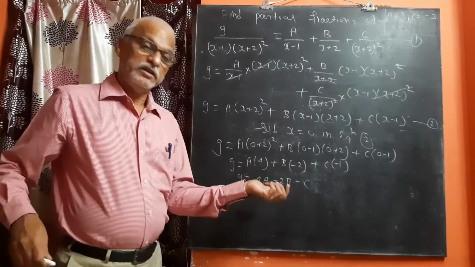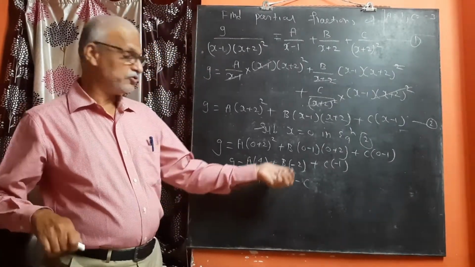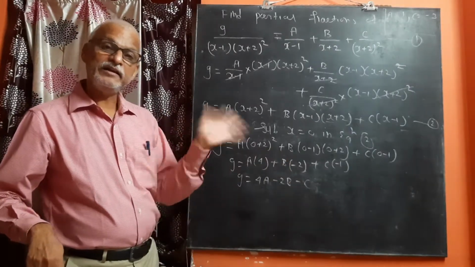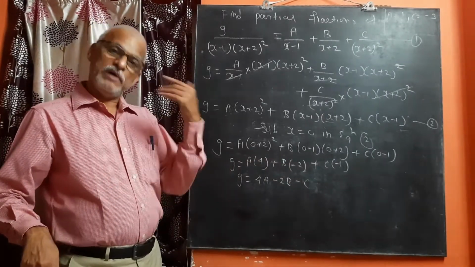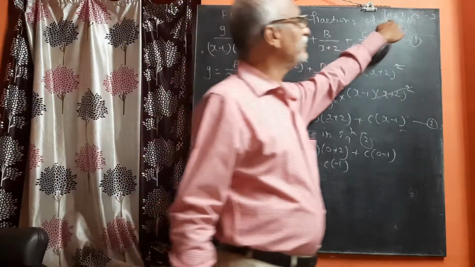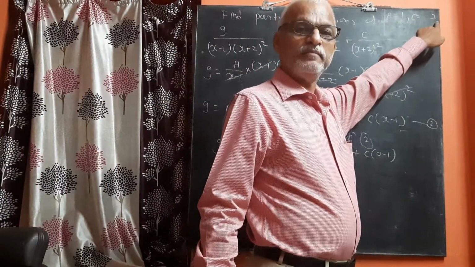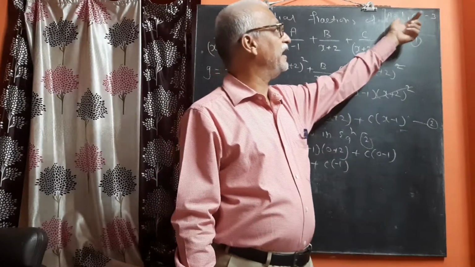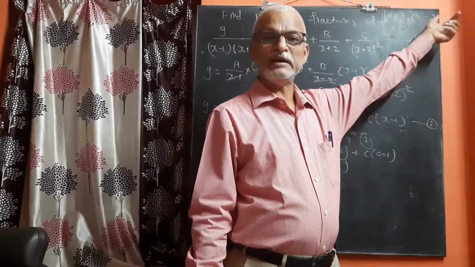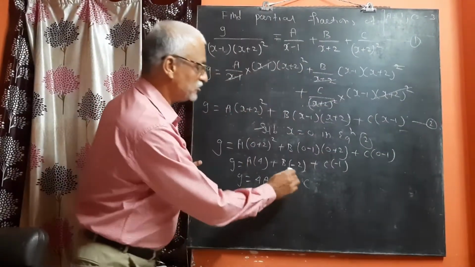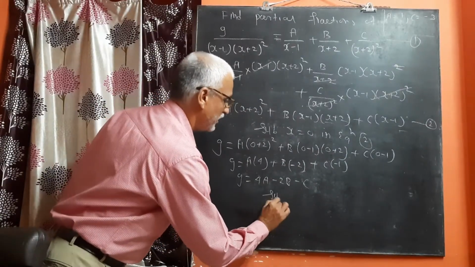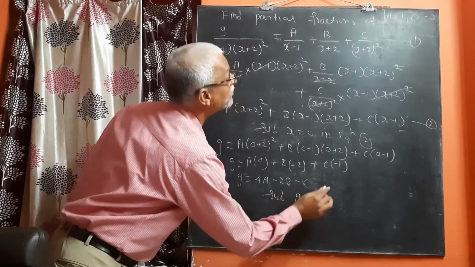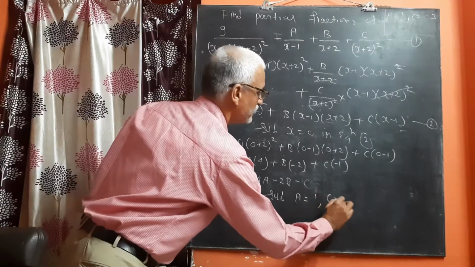Here we have got one equation. We have not got any value directly, but we have got the values of a equals 1 and c equals -3 by the previous two substitutions. Substituting a equals 1 and c equals -3 here.